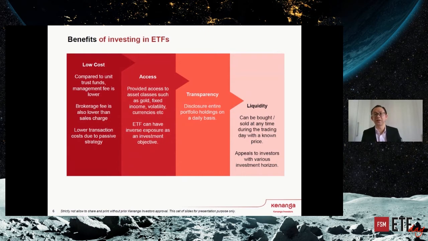Now you can have exposure to Malaysian stocks, or any sectoral stocks, or even gold, or any other asset class, like fixed income, easily. You just need to go to Bursa and buy from there, and you can buy in a smaller quantity, as small as 100 shares or units. So it is very easy and convenient for everyone, and it is very transparent.